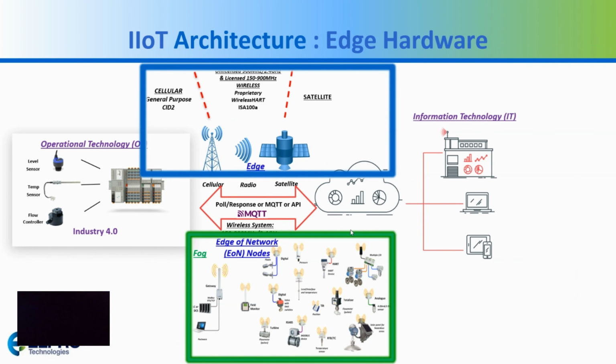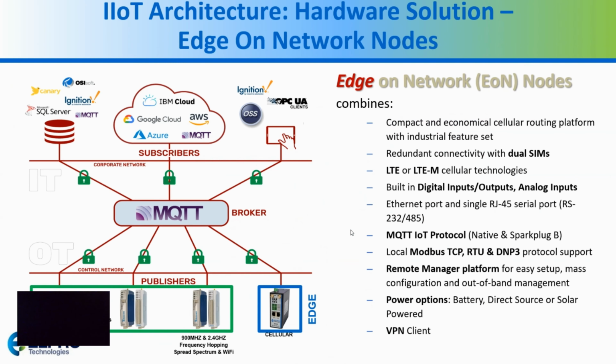So what ELPRO offers is the hardware to transport that information from the OT part of the model to the IT, which would be within the edge or the fog. So our products are considered the edge on network nodes, where we have two options for cellular, one that is an IoT gateway and another one that is a pass-through.